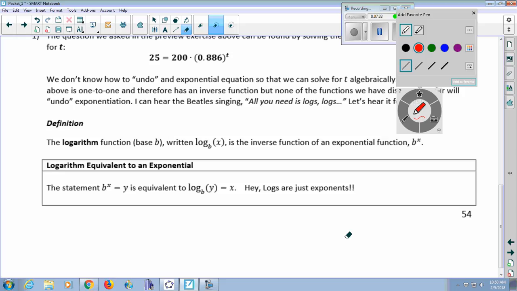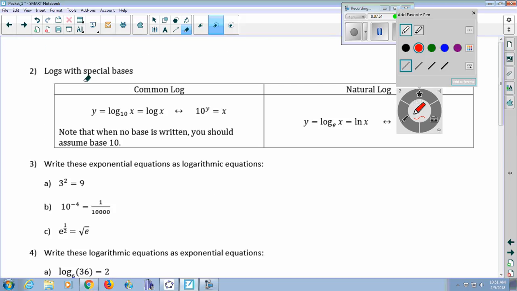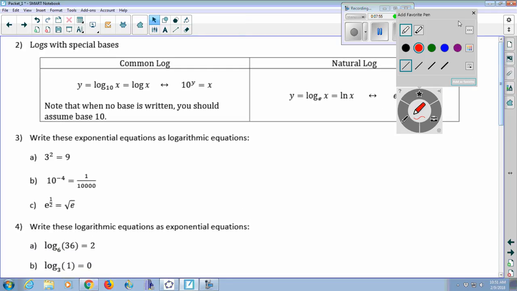The answer for my log is the exponent. So logs are just exponents. This is the statement that helps us go between an exponential problem and a log and vice versa. This should be a review for everybody, I hope, since we just ended 107 with all this information.